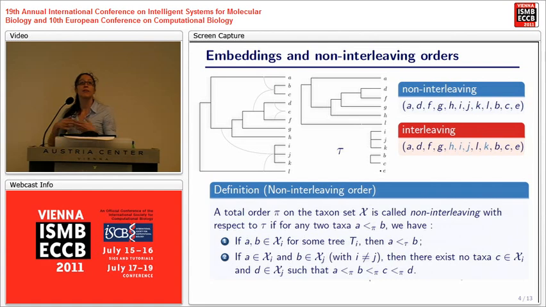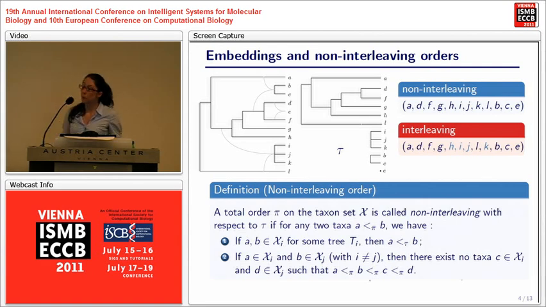The idea is that if you have two taxa that are in the same tree, and my tree says that A is before B, then for a total order to respect my embedding, I have to listen to my topological embedding and say, okay, A is before B.